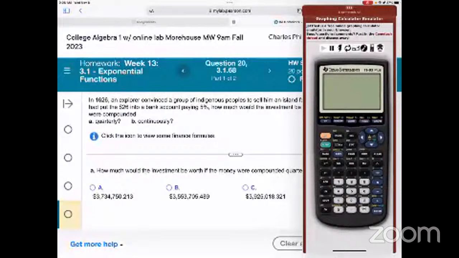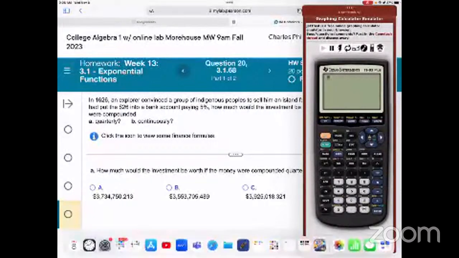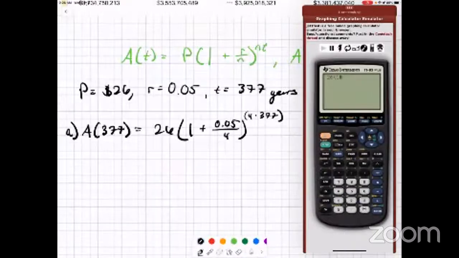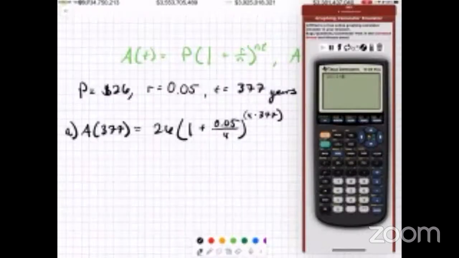So we have 26, one plus... then 0.05 divided by... heck.